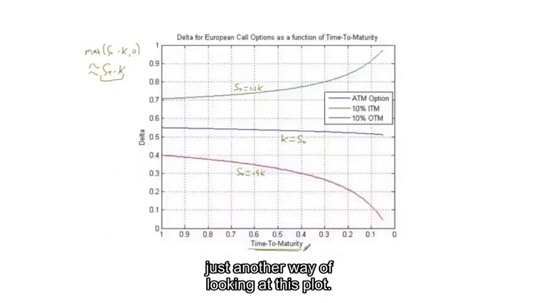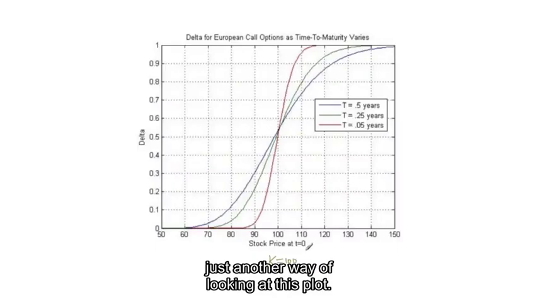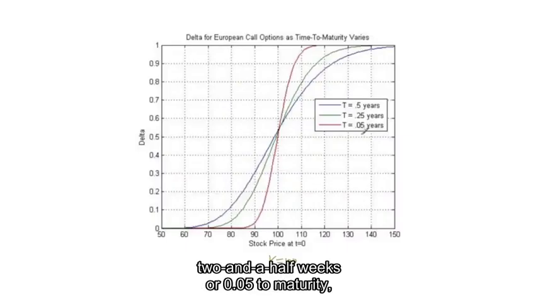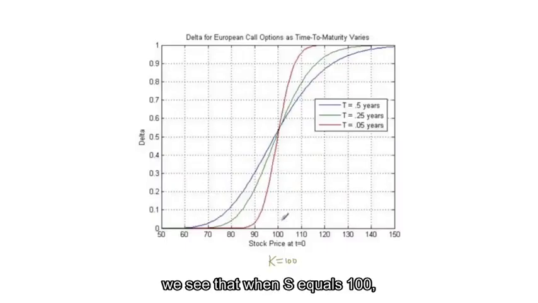Another observation is that as the stock price moves away from the strike of K equal to 100, we see that the theta goes towards 0. And again, we can use our earlier examples to see why this is the case. We have a call option here, so we'll stick with a call option.